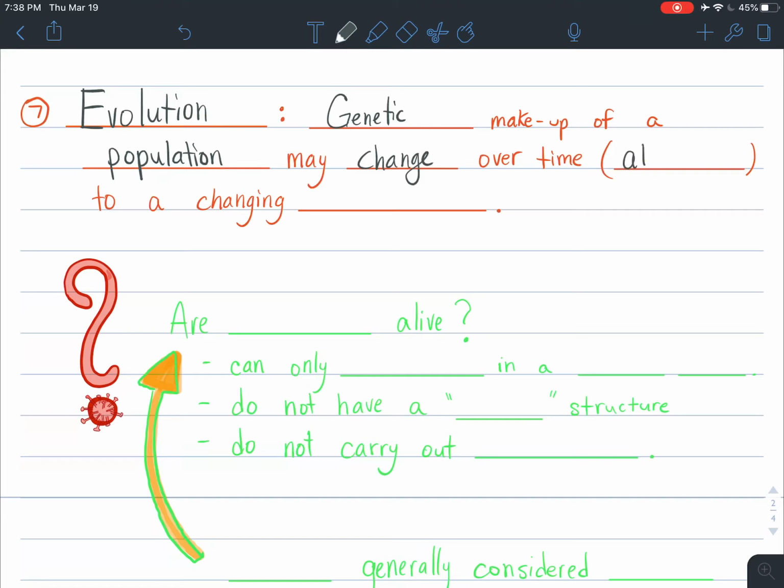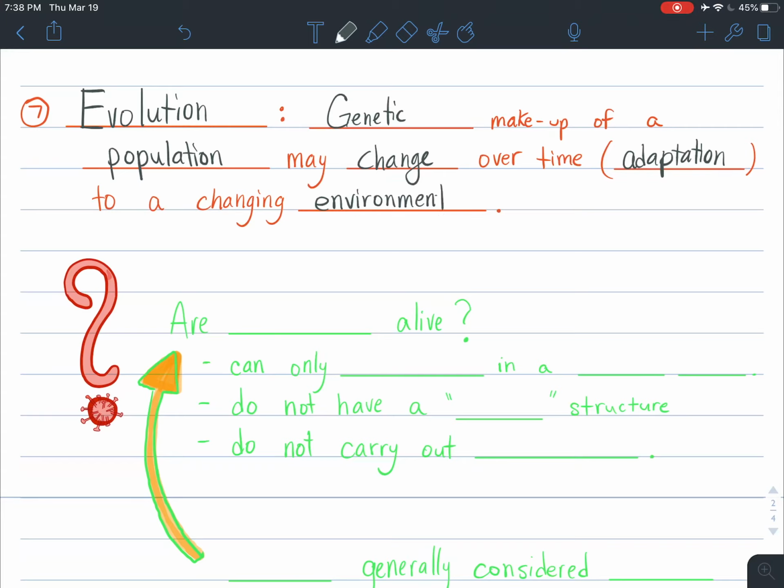And that's what we call adaptation. So if you can adapt to a new environment, if your organisms can, within a whole population, those adaptations allow the species to be able to survive in a changing environment.